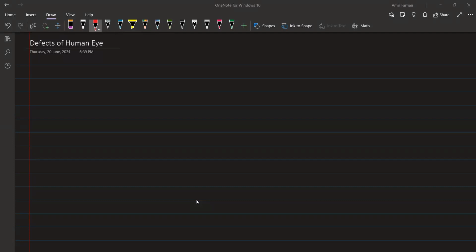Okay, now let's understand the types of defects first of all. First is myopia. Myopia is also called short-sightedness or nearsightedness.